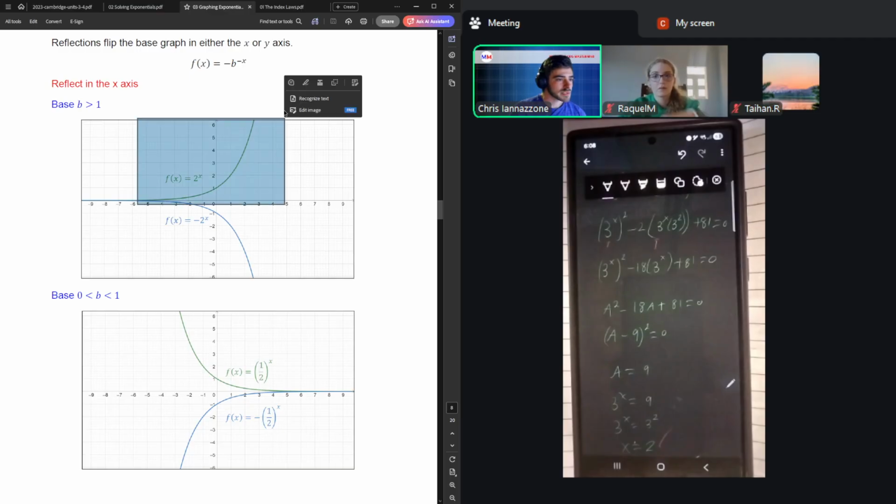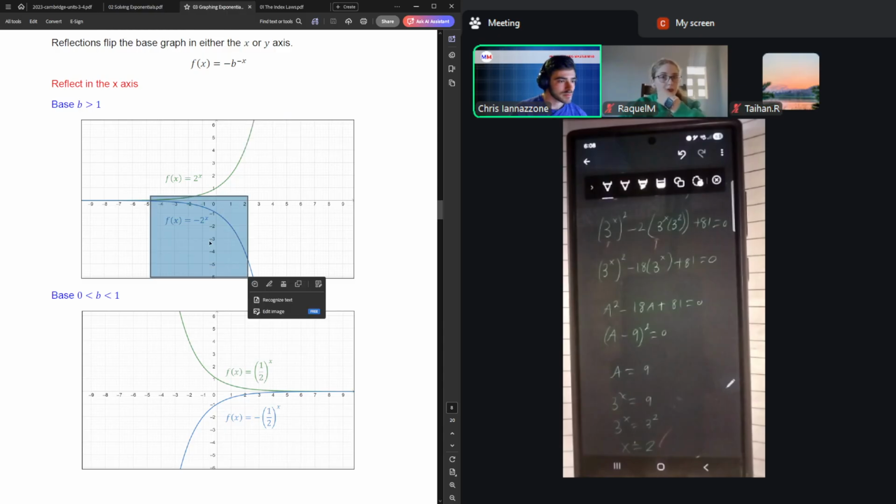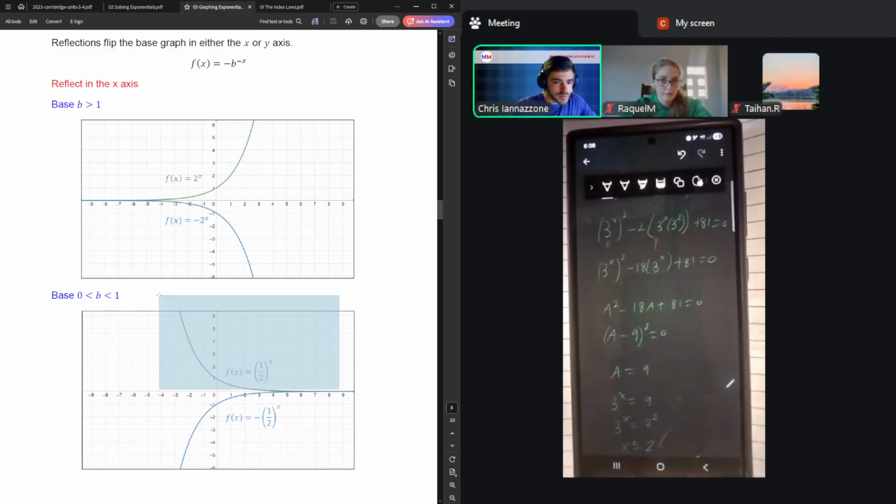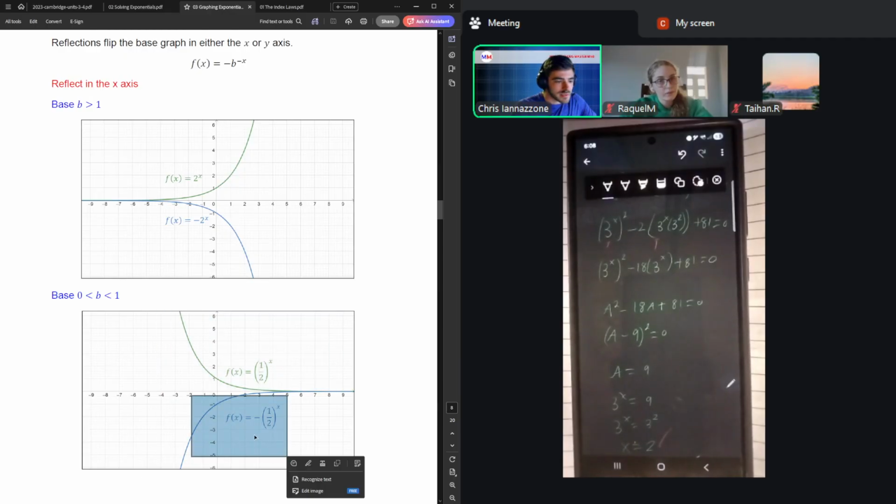If your base is positive, it'll typically look like that, so putting a negative sign at the front will now flip it across the x-axis like we were already expected to do. But obviously if your graph normally looks like that, putting a negative sign on the front will now make it go down again this way. So in both cases you're flipping the green across the x-axis. It's just a matter of what the green actually looks like initially.